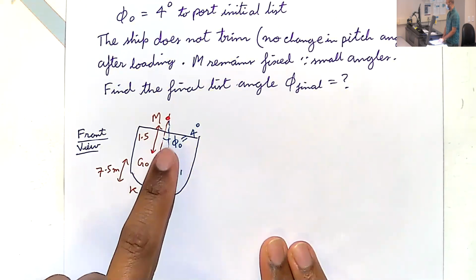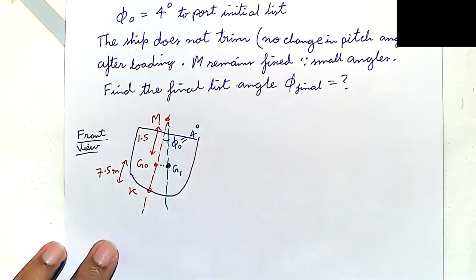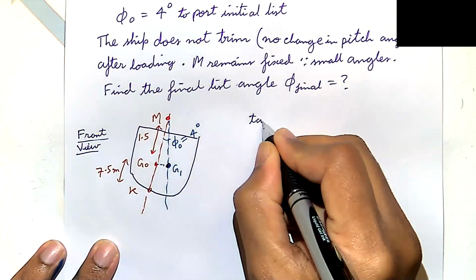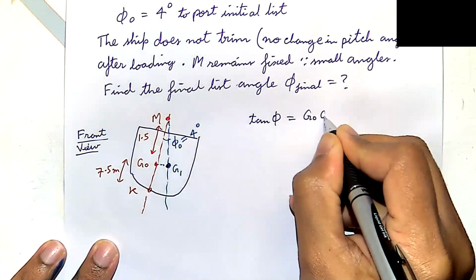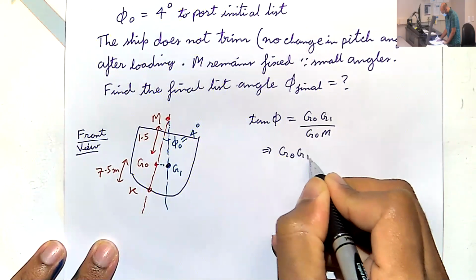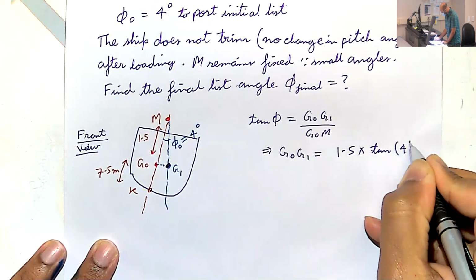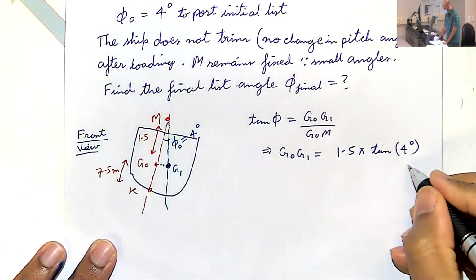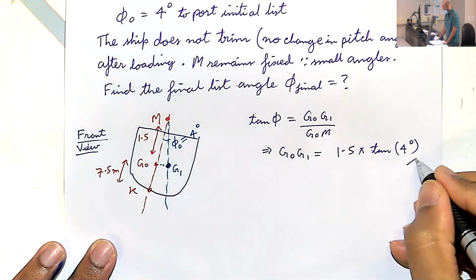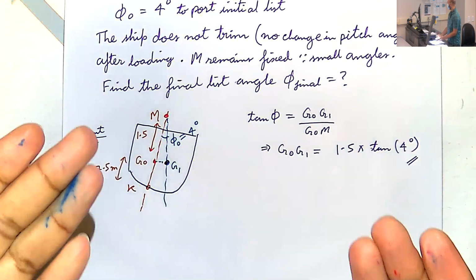Just using trigonometry, you already see we can compute G0, G1 very easily. This is the initial state of the hull.